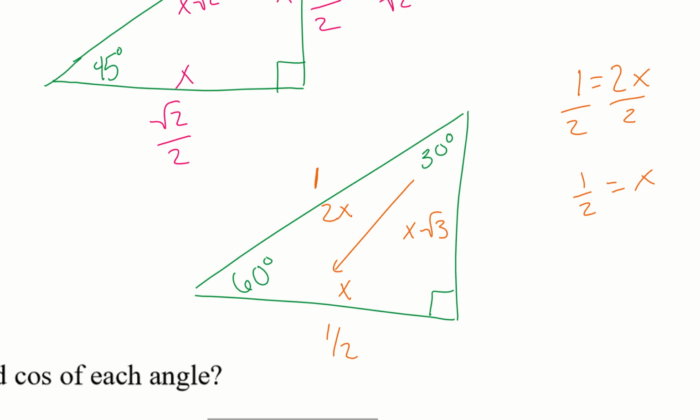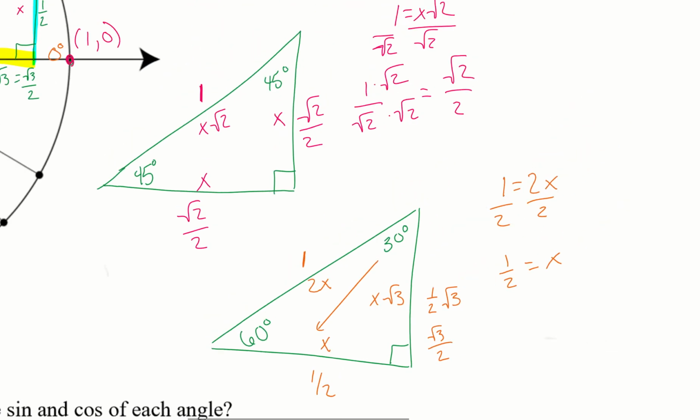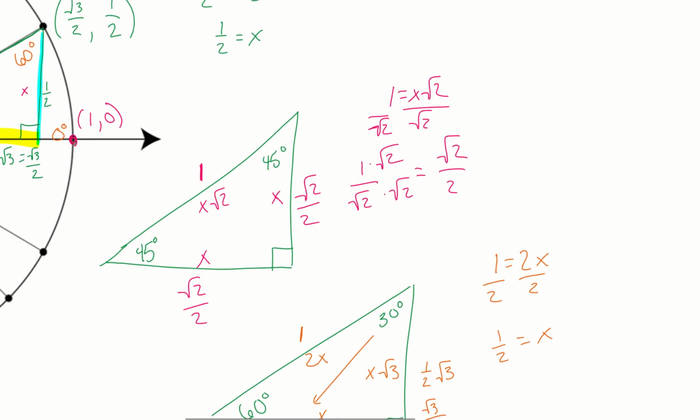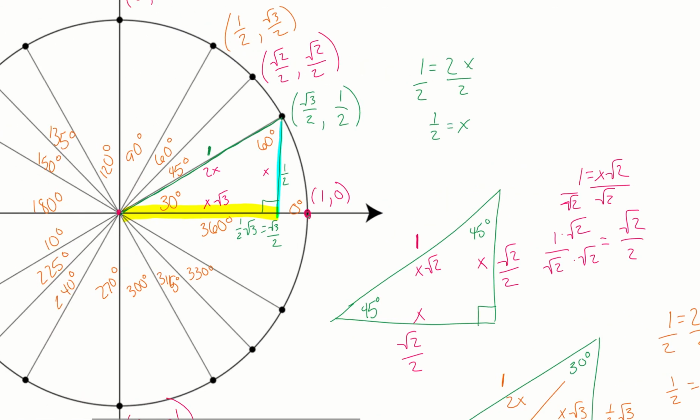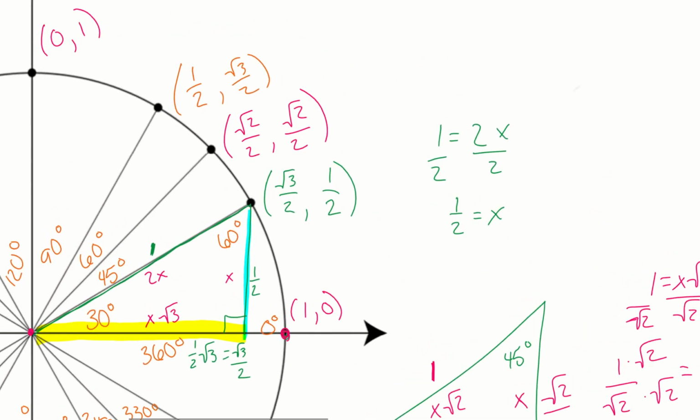Okay, and then my x root 3, I can have 1/2 root 3, and so that we just have a fraction, I'm going to say it's root 3 over 2. So now I have my coordinate points again, right? We go right and then up. So 1/2, comma, root 3 over 2. Okay, we have our first quadrant done.